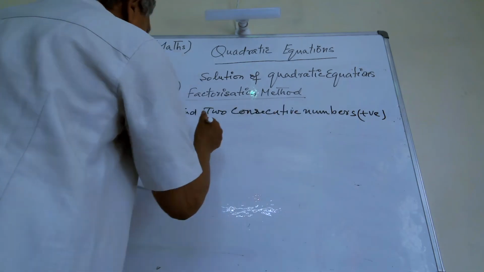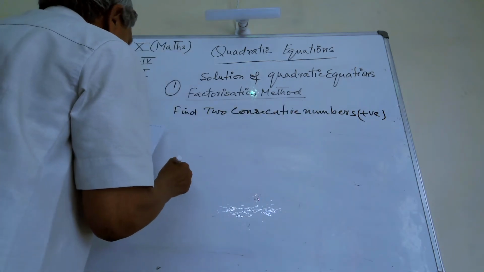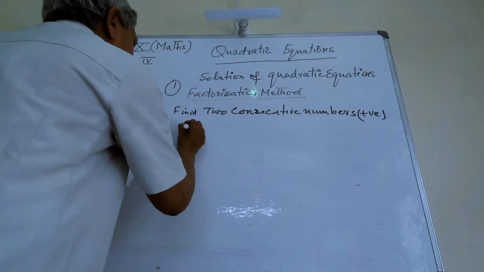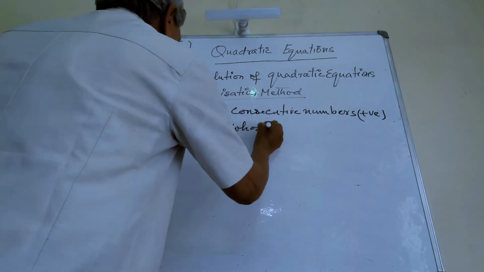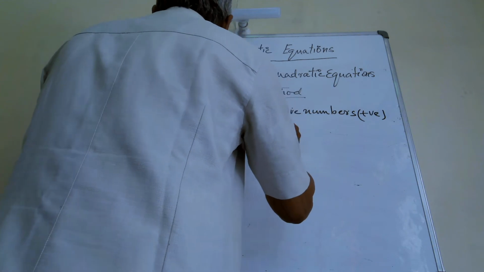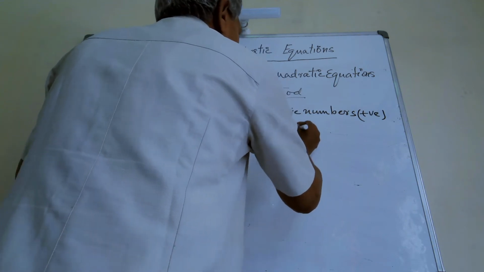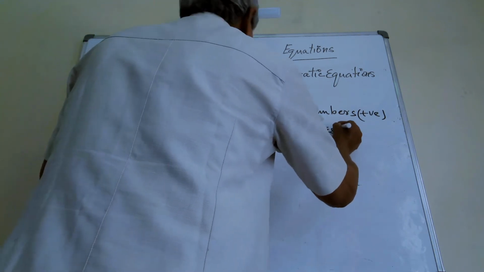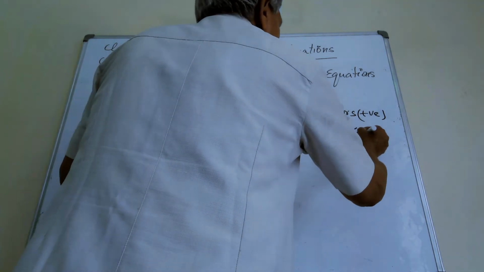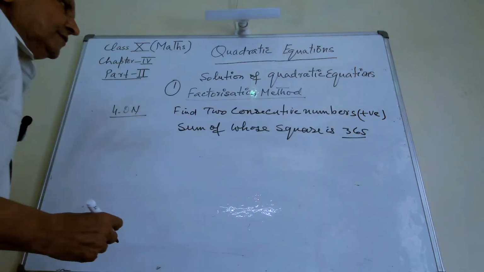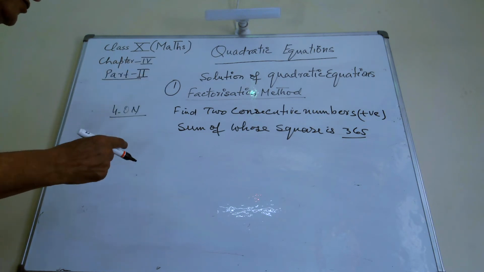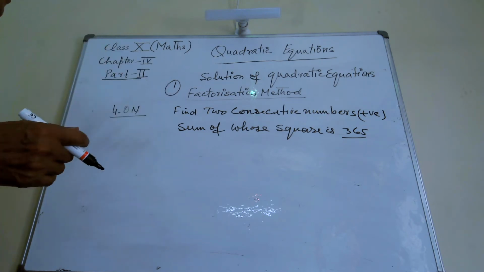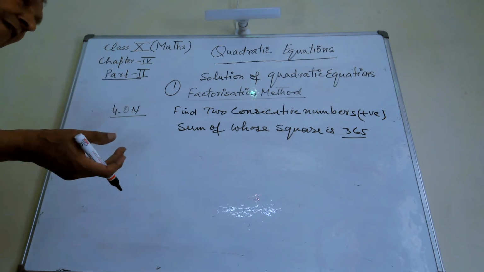Consecutive positive numbers, whose sum of squares is 365. This is the question. We have to take two consecutive numbers whose sum of their squares is 365.